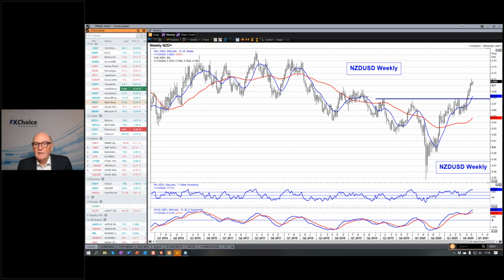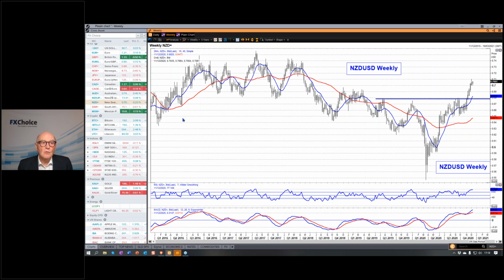We've got a relatively frictionless ride up until really this area here is where the resistance begins to come in. So I think we should go to 172 relatively quickly, and then after that we meet serious resistance.